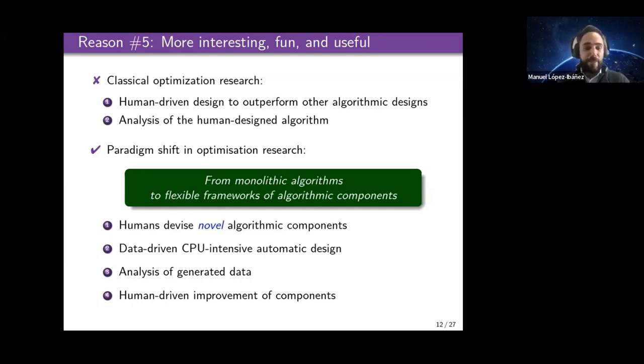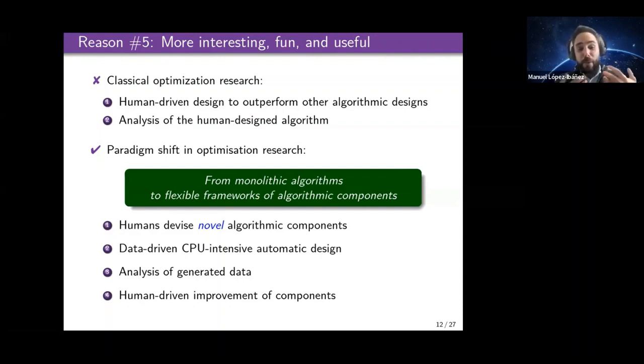And then we can leave the task of finding the best combination of the components, or searching the design space, to the machine, to a CPU-intensive tool that can use data or examples of problem instances to try to optimize some performance criteria that we give to it by finding a design from this design space.